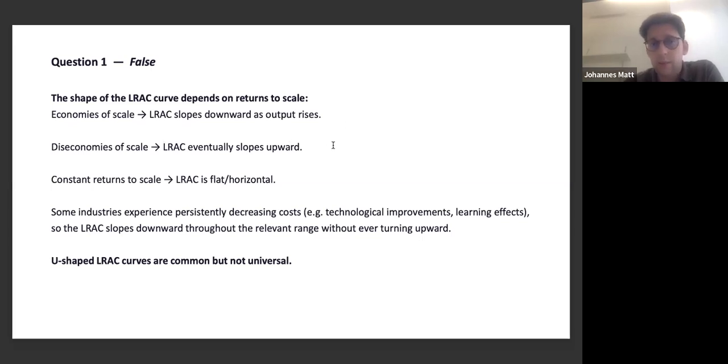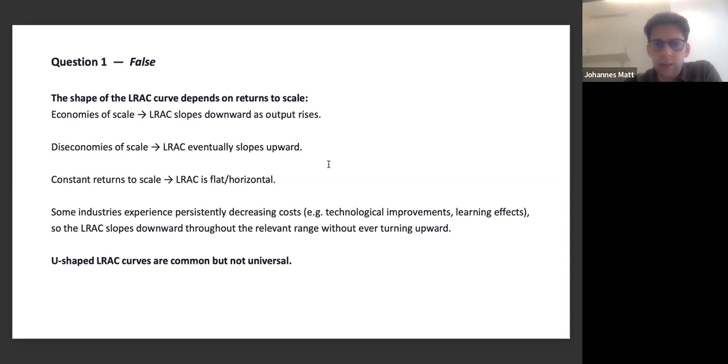The opposite case is if you have diseconomies of scale, in which case your marginal cost of producing an additional unit is increasing in the number of units that you're producing, and the cost curve will be upward sloping. And then finally, in the case of constant returns to scale, the cost of producing will be independent of the quantities that you produce, and the cost curve will be flat.